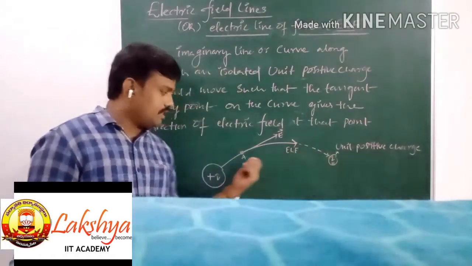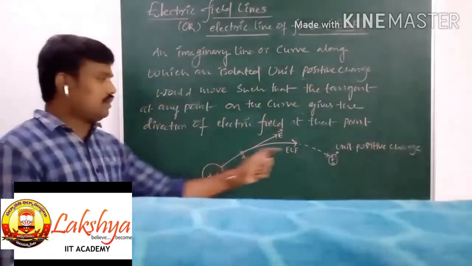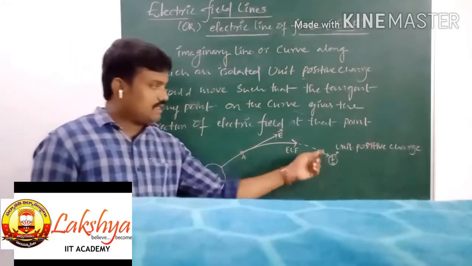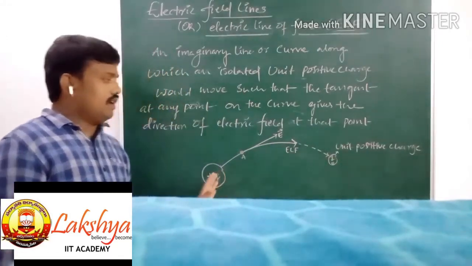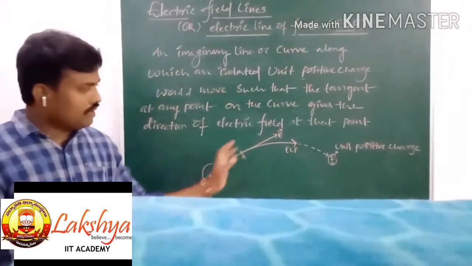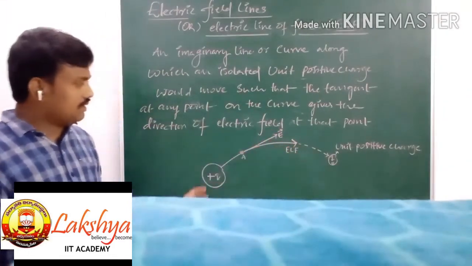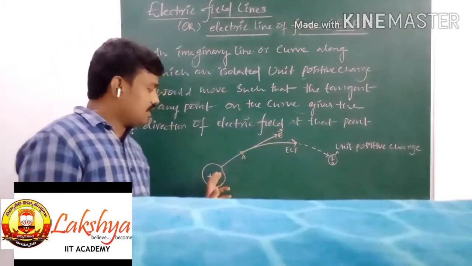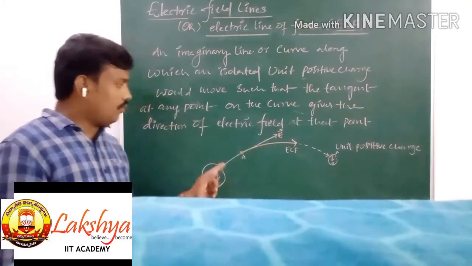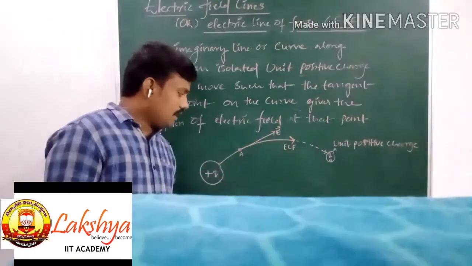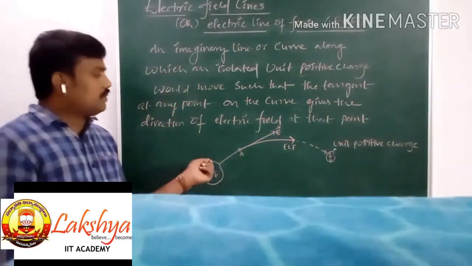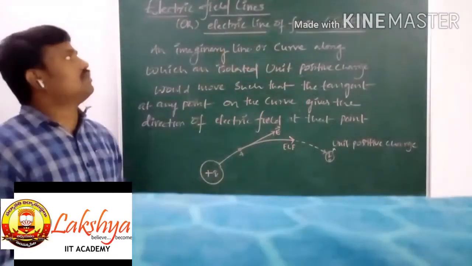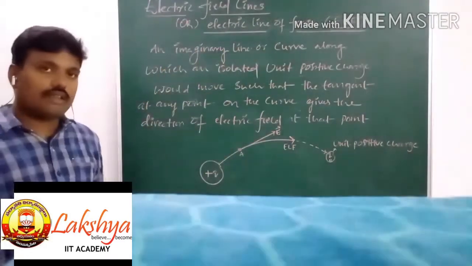Because of the repulsion between these two positive charges, as this is the lighter particle, it is free to move in the space, and let us take that it moves like this. It takes this path. While it takes this path in a particular space, this particular path is said to be an electric line of force or electric field line.